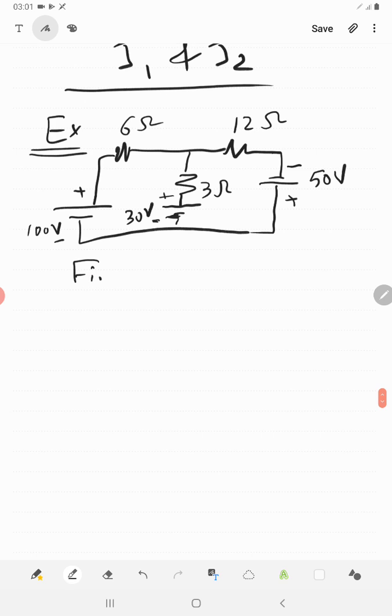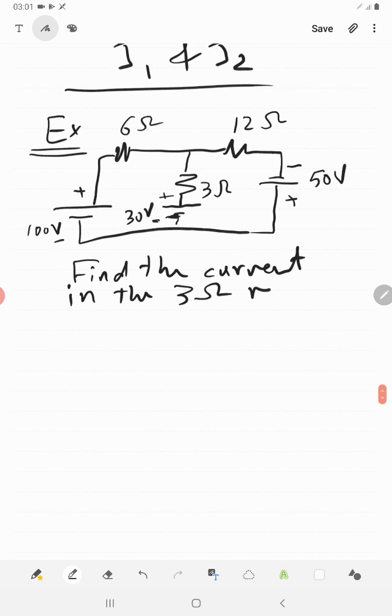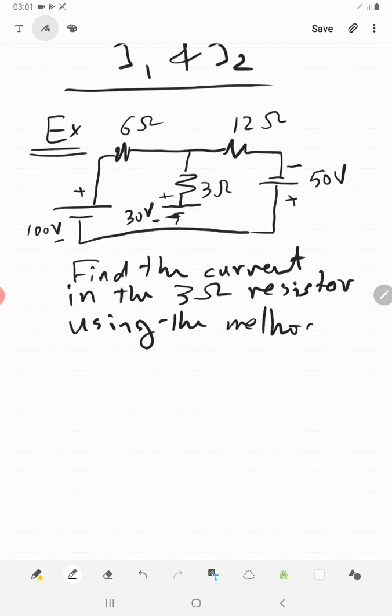Find the current in the 3 ohm resistor using the method of mesh analysis.